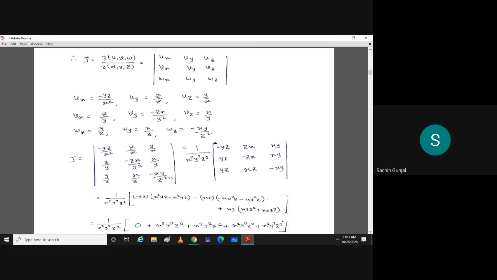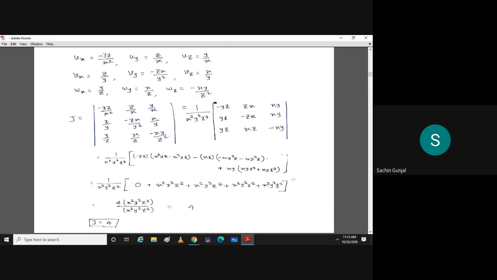And 1 by z square from the last row, it will become yz, xz, and minus xy. Then simple calculation of the determinant will lead to the answer, and that is 4.